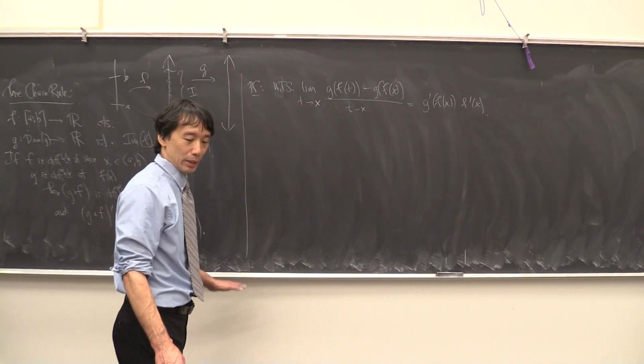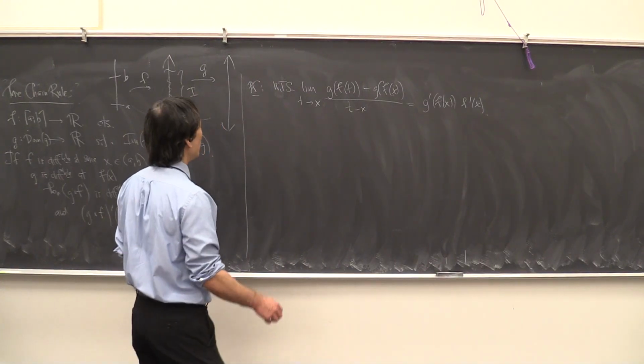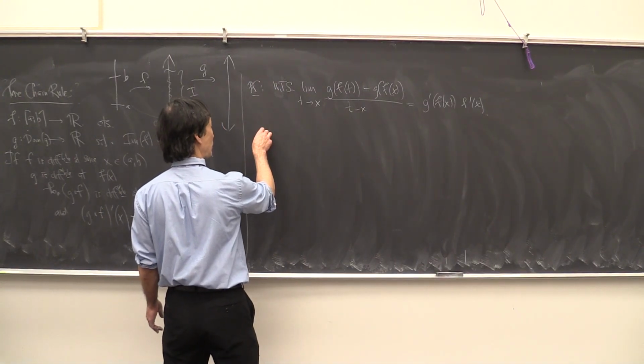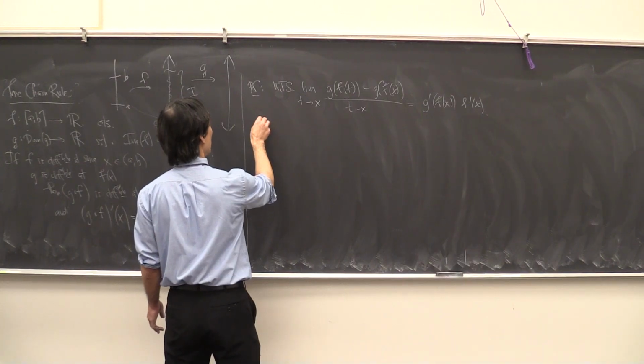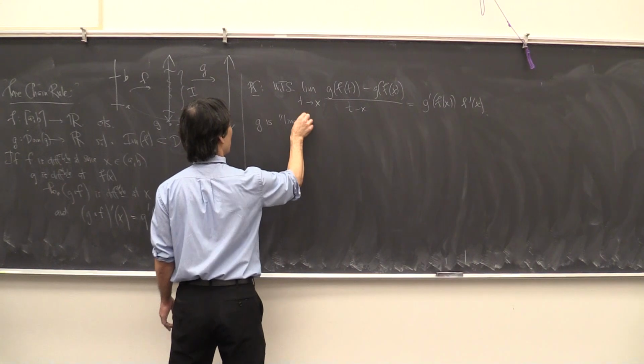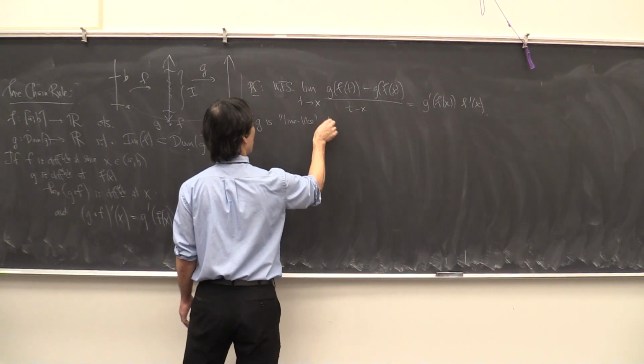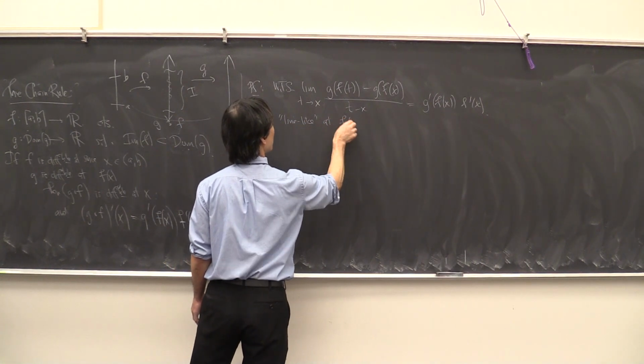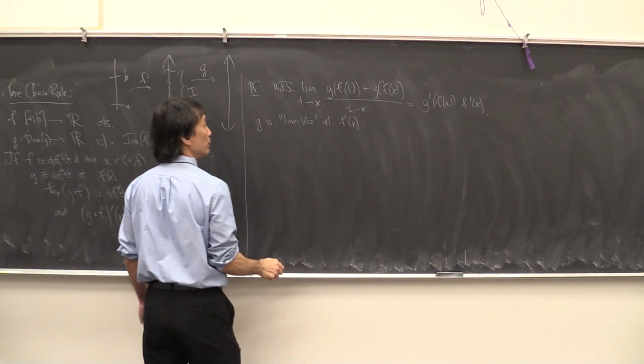Okay, so g is linearizable at f of x. So what does that tell you?